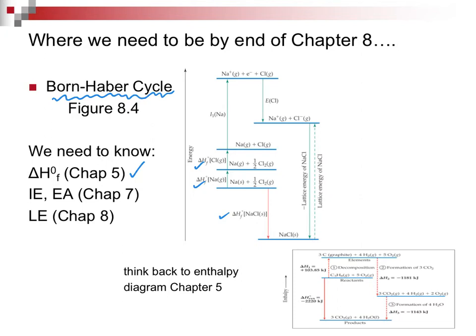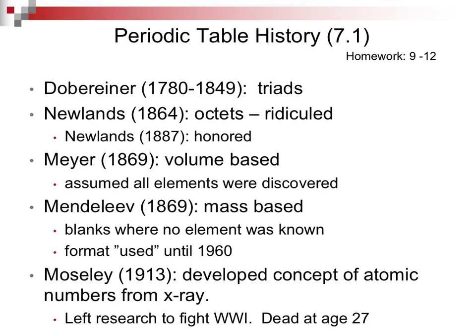What you're going to learn in this chapter are the ionization energy and the electron affinity. Here is the ionization energy, here is the electron affinity. What's left is the lattice energy, and that will be taught in chapter 8. So think back to that enthalpy diagram. That's where you first saw a diagram using just enthalpies. Now we're going to add additional features to our diagram.